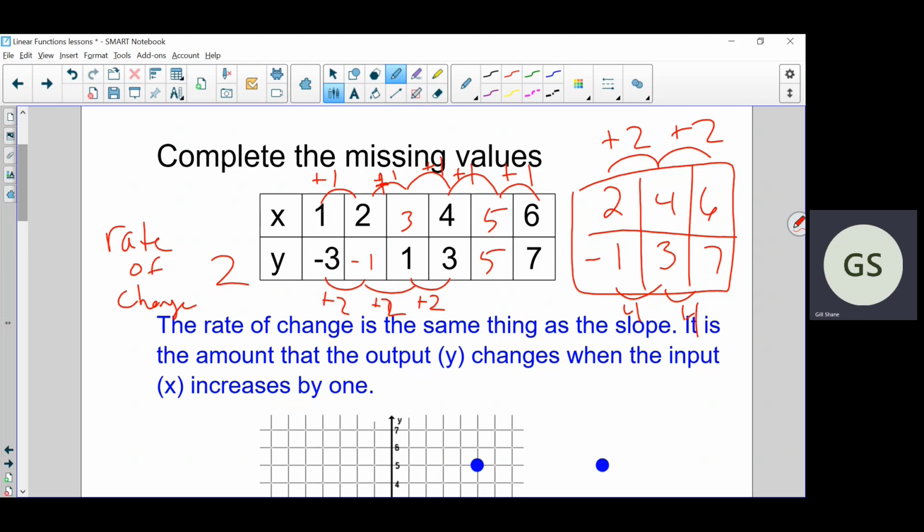So for example, if I said y of 7 subtract y of 3 gives me 4, then I have to take the same two corresponding values, but I take the x's. 6 subtract 4 gives me 2. Well, if I do the math on that, it gives me 2. So you'll always get the same rate of change no matter which values you use in the table.